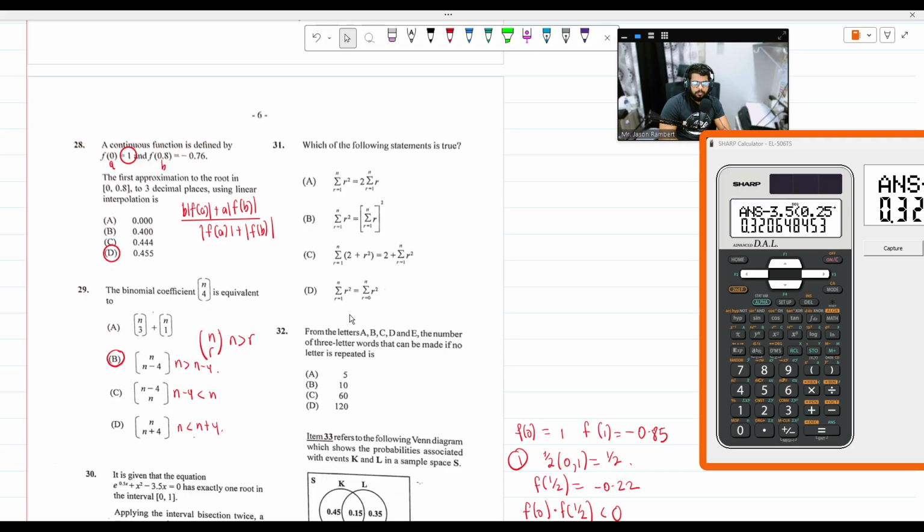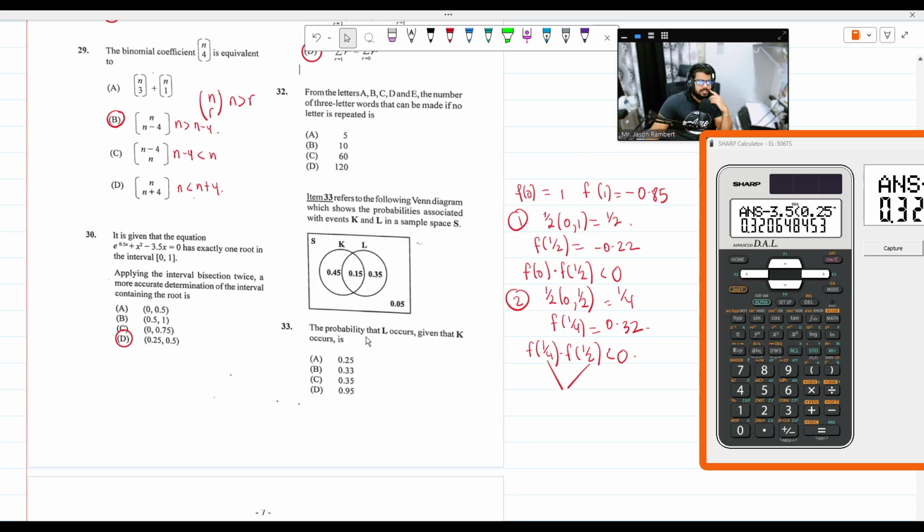We know that part C is not true because if I add up all of the constants from 1 to n, in this case, I'm going to get 2n. And part D, when I am adding up from 1 to n and 0 to n, if I expand the left side, 1 squared plus 2 squared plus 3 squared. When I expand the right side, 0 squared plus 1 squared plus 2 squared plus 3 squared. So the answer is D.